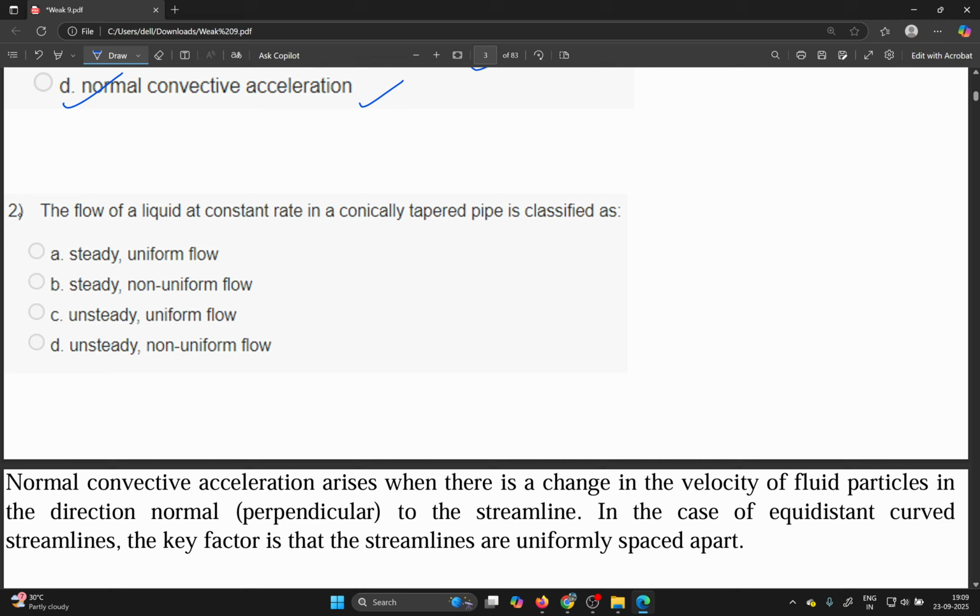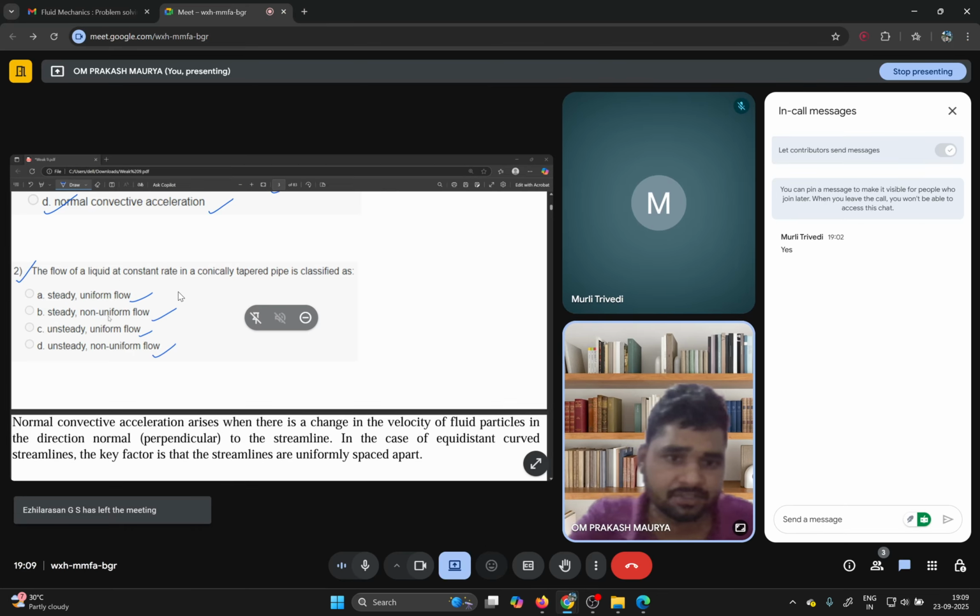Question two is: the flow of a liquid at constant rate in a conical tapered pipe is classified as steady uniform, steady non-uniform, unsteady uniform, or unsteady non-uniform. Which option is correct for question number 2? Please try to write your answer in the chat box.